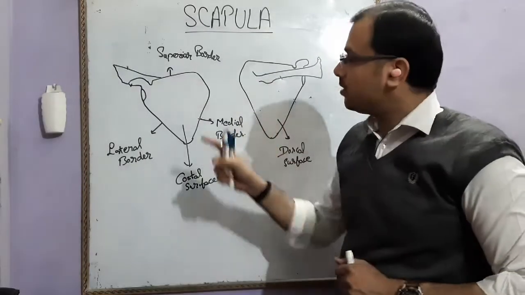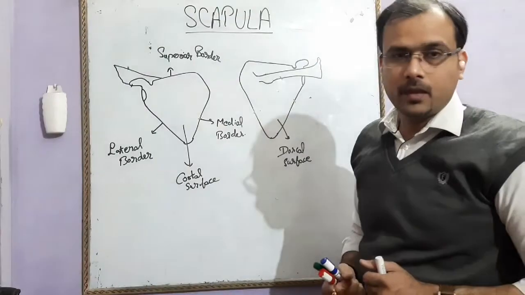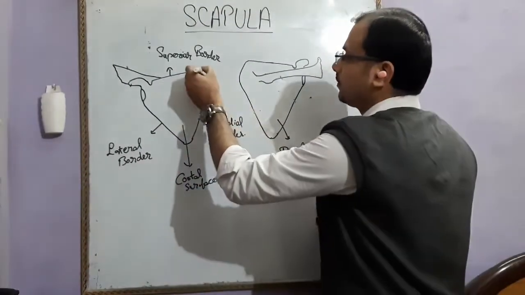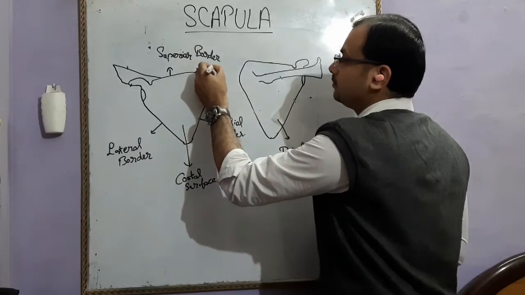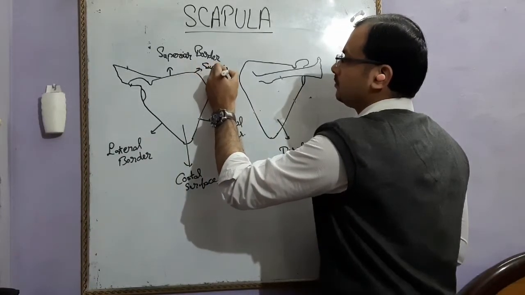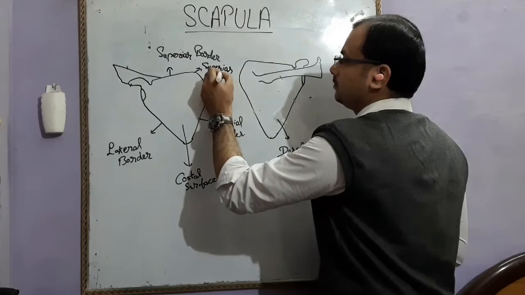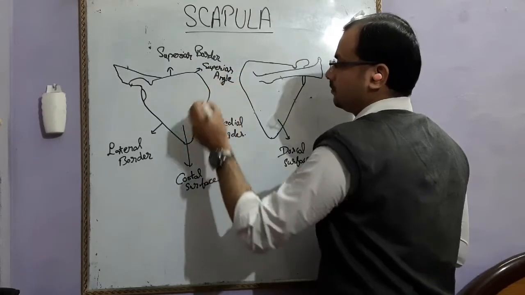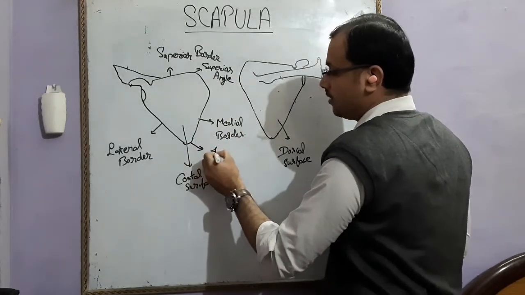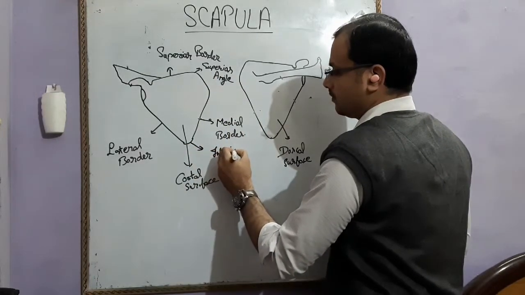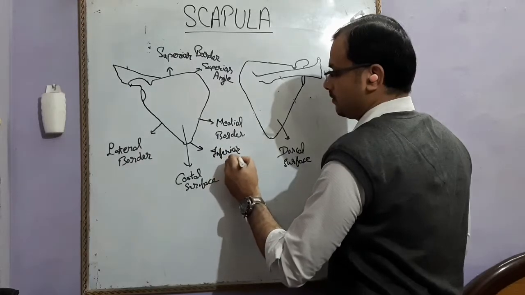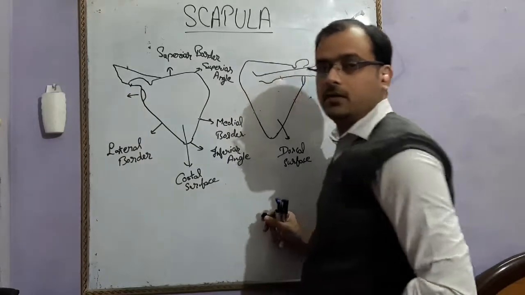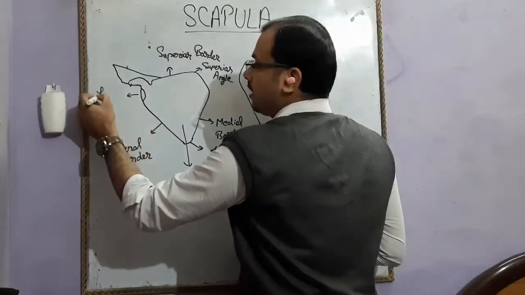Now we will talk about the angles of the body of the scapula. It also has three angles: superior angle, this is the inferior angle, and this is the truncated lateral angle.